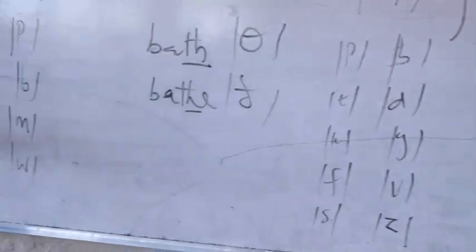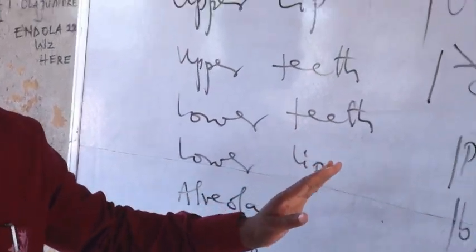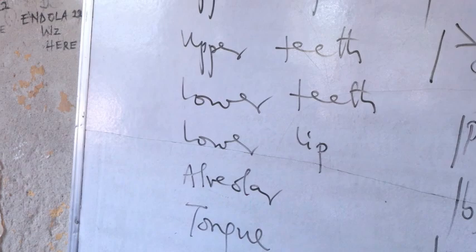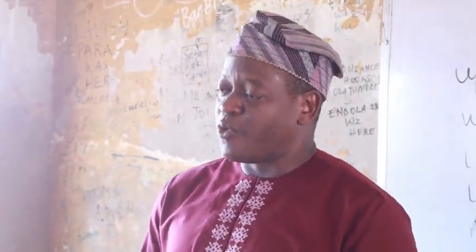Now, we also use the nose for speech sound production. You know, when air is coming from the lungs, either the air will pass through the nose or it will pass through the mouth. When you produce a sound and the air comes through the nose, those sounds are called nasal sounds.